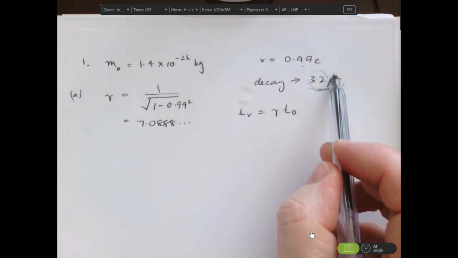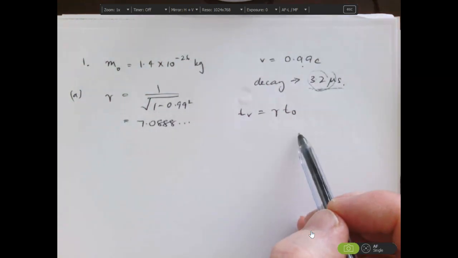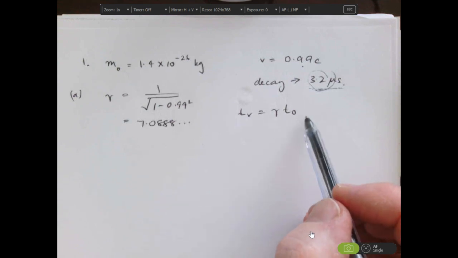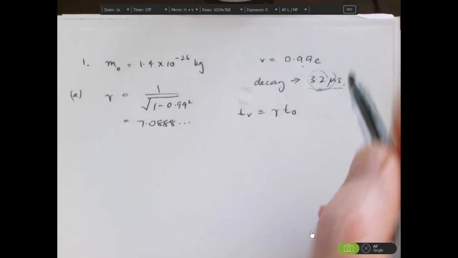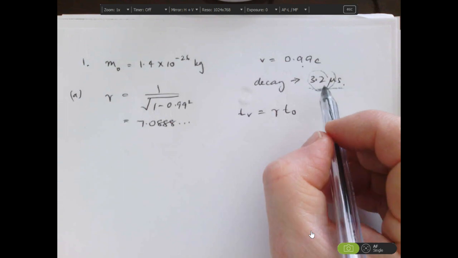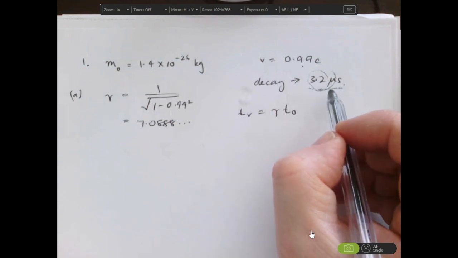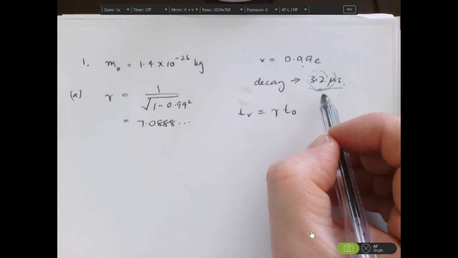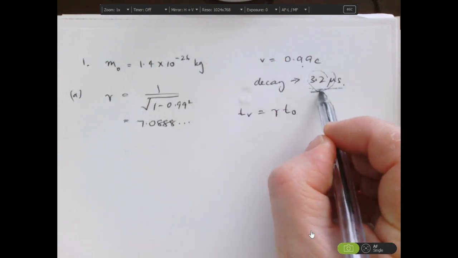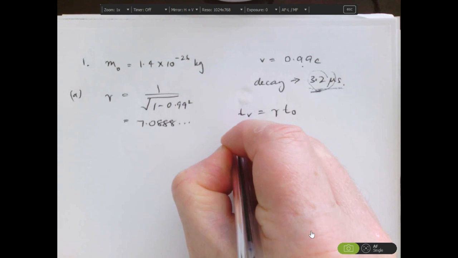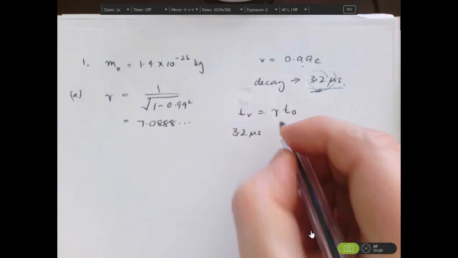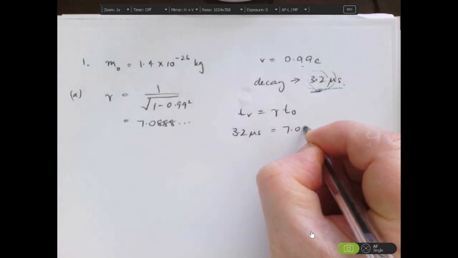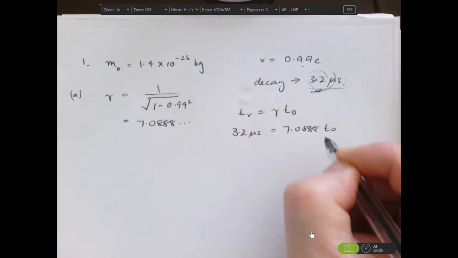Now, 3.2, that number there, is the larger number. That's what we observe. We're observing a decay time which is longer than it should be. If this particle was stationary, it would decay in a much quicker time. So this must be t, okay? So that's 3.2 microseconds equals 7.0888 t naught.